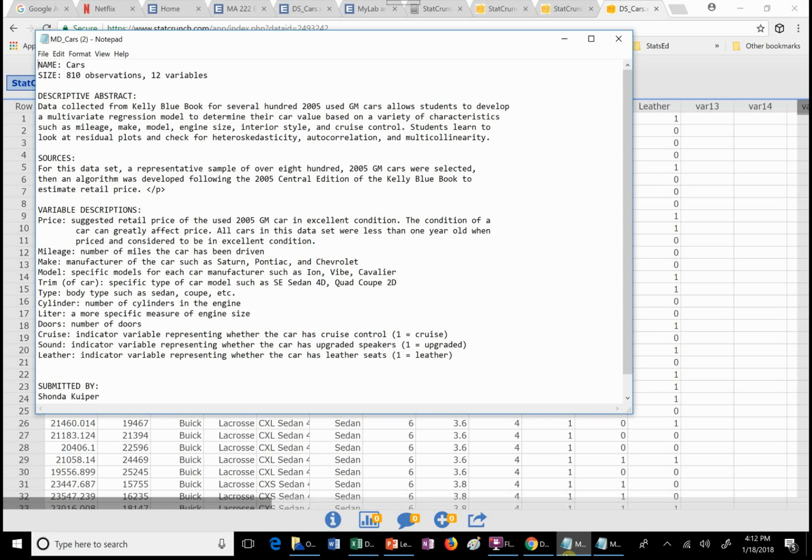Make is like Chevy, Saab, etc. The model is kind of like the SE, LE. Do I have that right? I sometimes mix them up. Type is like sedan or coupe. The trim is the SE, LE, whatever. And the model is the model of car within that make. All categorical now.